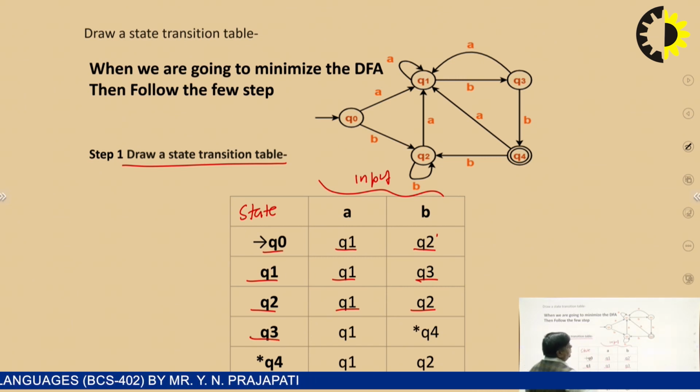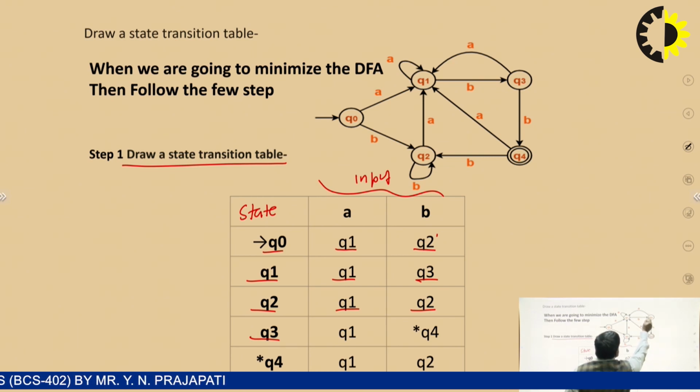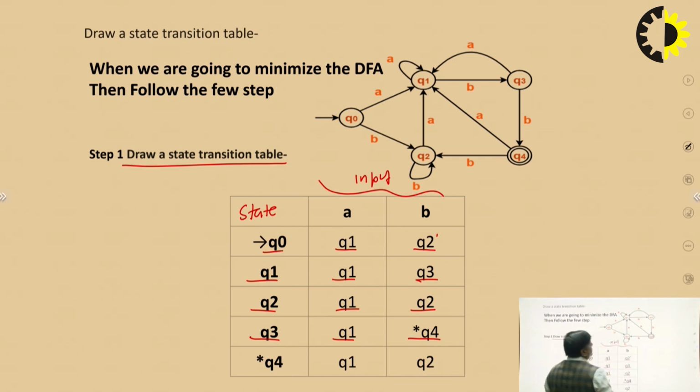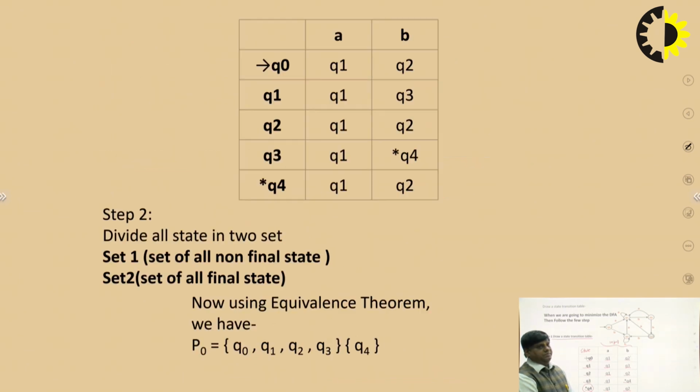Now similarly on Q3 with A, move to Q1, and with B, move to Q4. Now in the last, that is your final state, on A move to Q1, and on B move to Q2. So this is the method by which we design the transition table of the given finite automata. That is our first step.